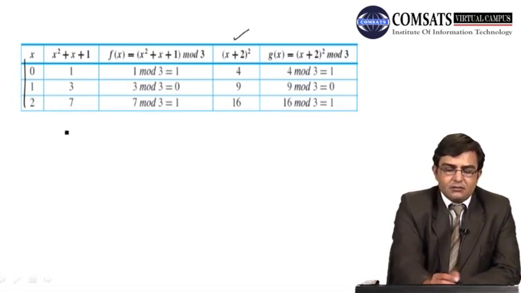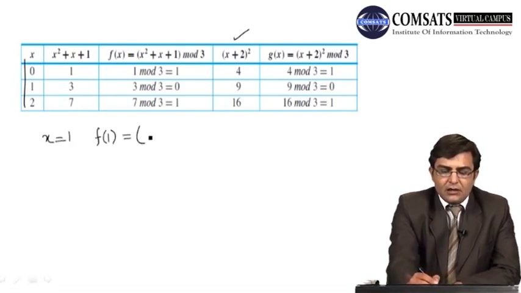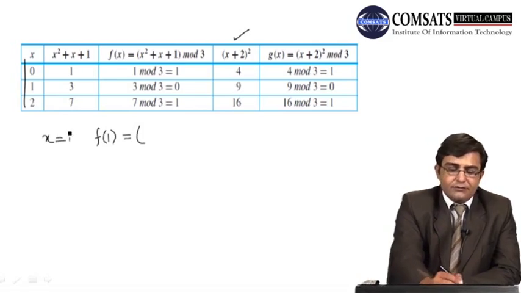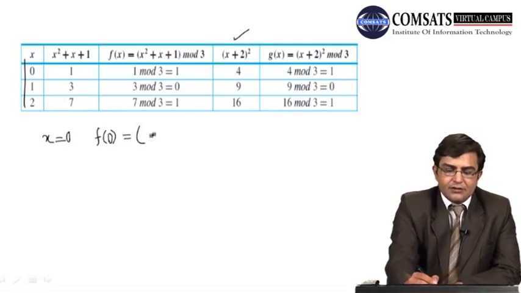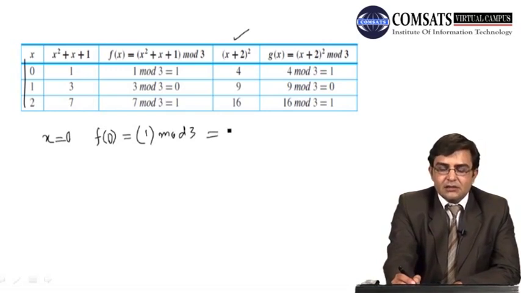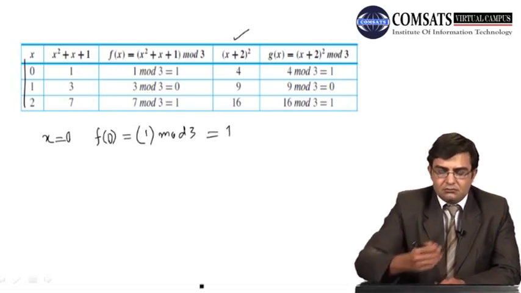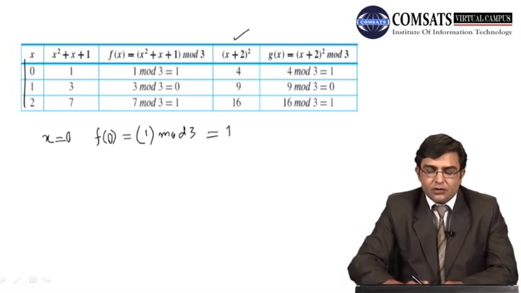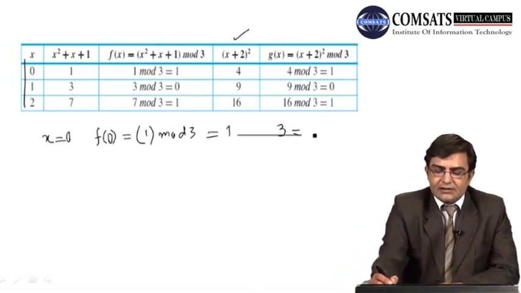So f of 0 is basically 1 mod 3. 1 mod 3 is basically 1, as if we divide 1 by 3, the remainder is 1, because 3 can be written as 0 into some integer, whatever it is, plus 1.